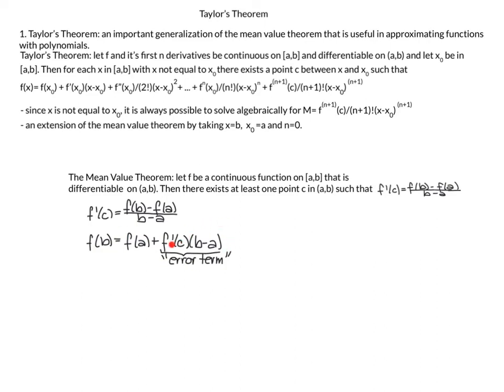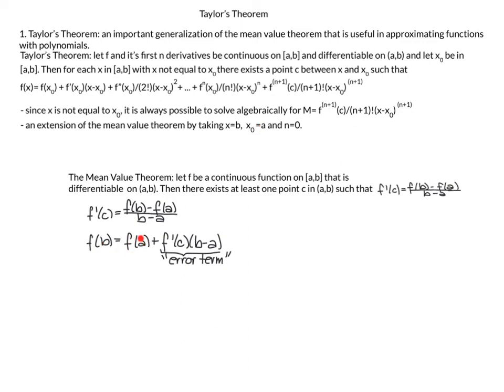So this is essentially then this Taylor formula for n equals 0. So that's just without the derivatives here, but with this last term for our error term, our x is equal to b, so we're trying to estimate f at the point b, and our x naught is equal to a. So our first estimate of f of x at point b is using f of a.